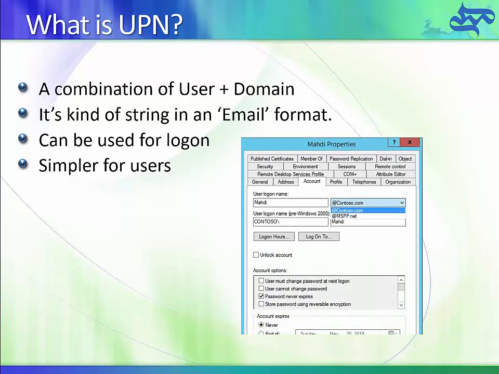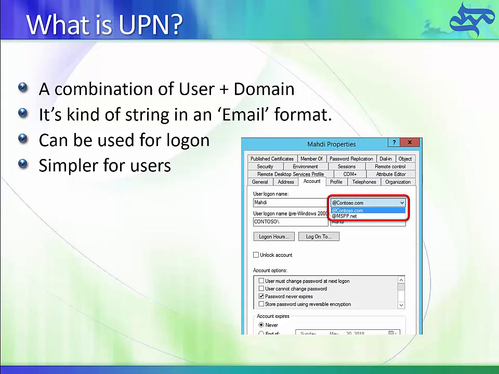So for example, these are the properties of the user account. As you can see, @contoso.com is the default UPN suffix for this user account, and I just created another UPN suffix which is called @mspp.net. As you can see, this is a completely different one.